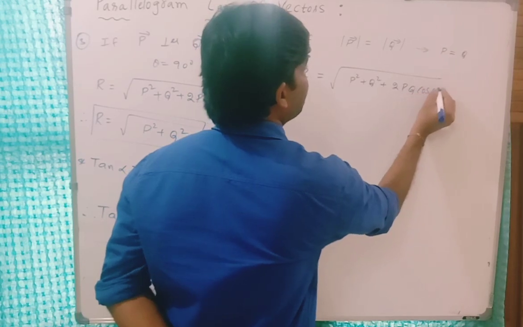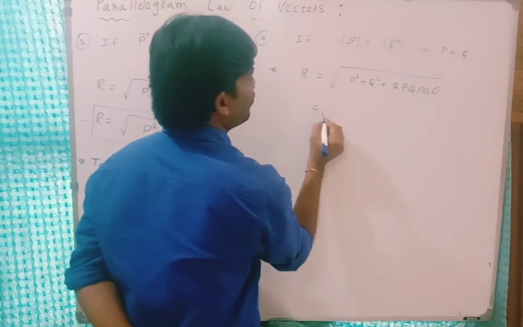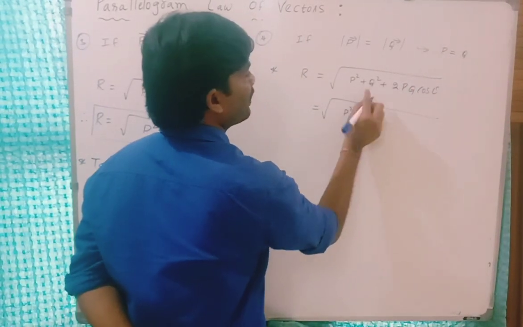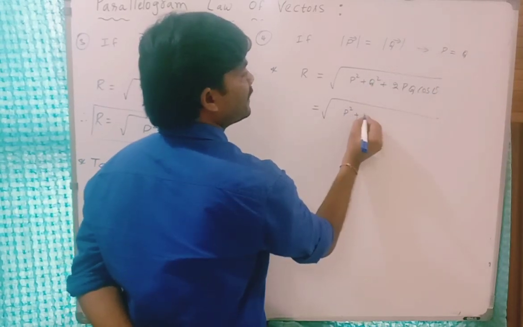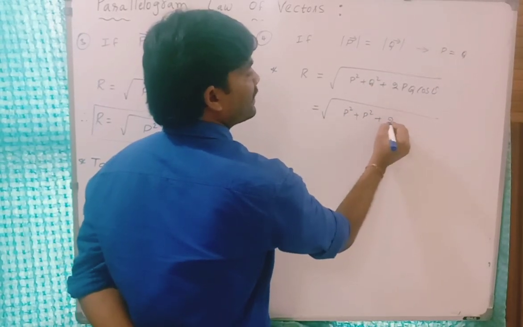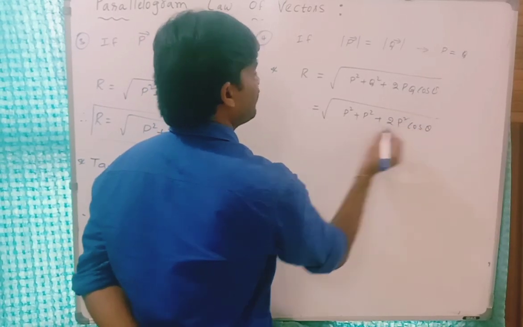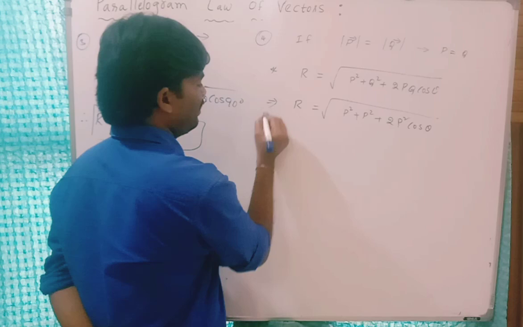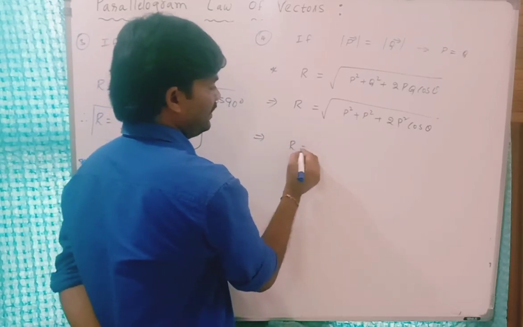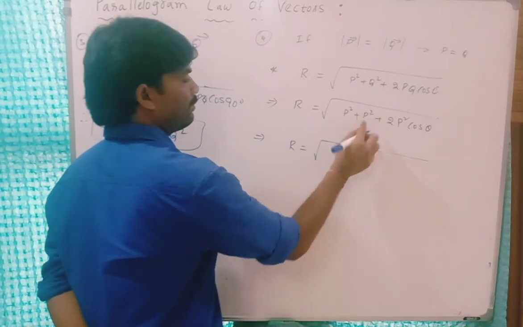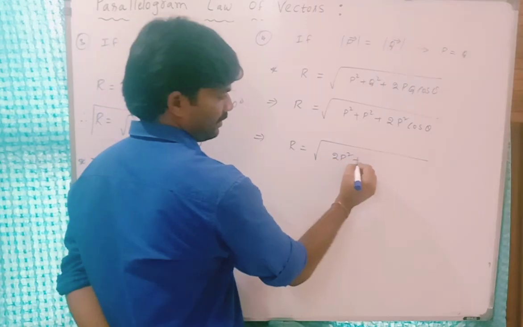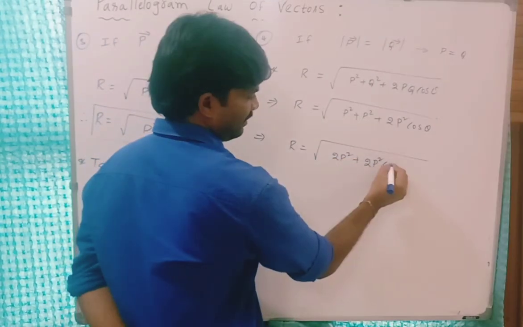Now here P is equal to Q, so you can write this as P square, Q is also P square, and this is 2P into P, so 2P square cos theta. R is equal to root of P square plus P square, 2P square plus 2P square cos theta.